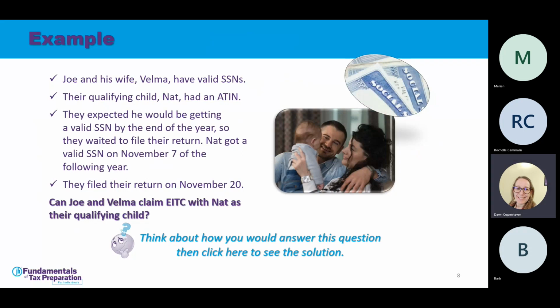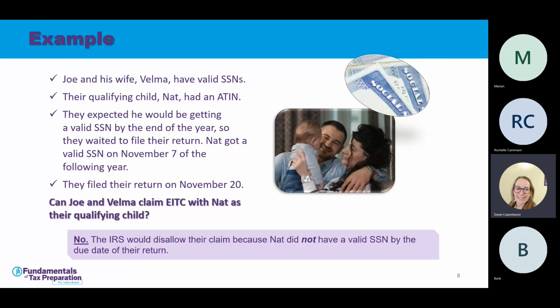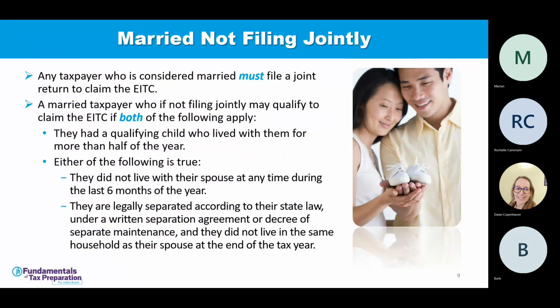Can Joe and Velma claim the earned income credit with Nate as their qualifying child? Well, the due date with extensions is October 15th, most tax years. And since he did not get his Social Security number until November 7th, he would not be allowed to be a qualifying child for earned income tax credit.